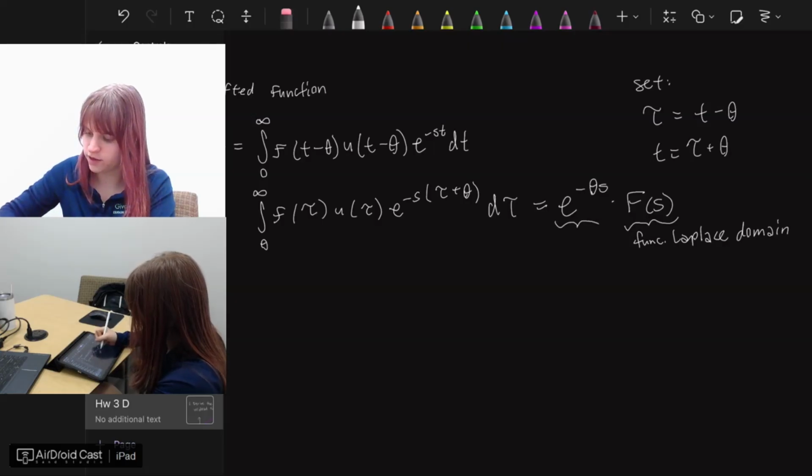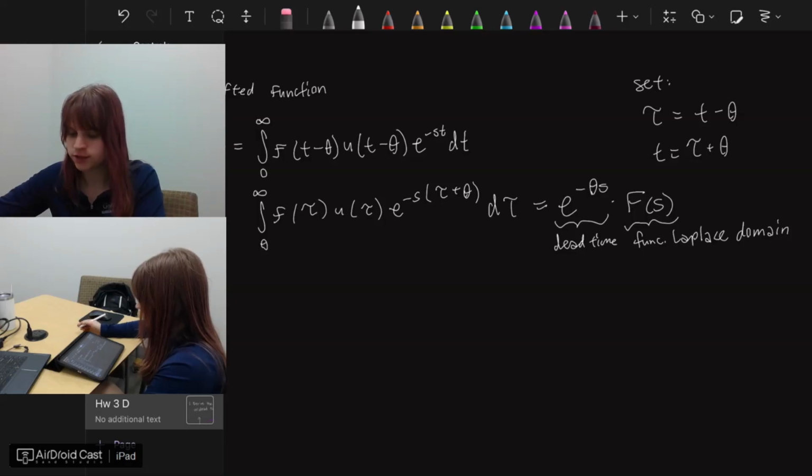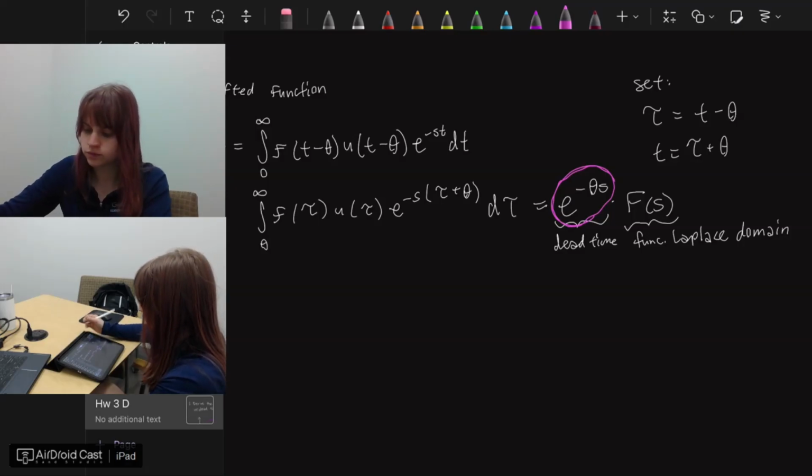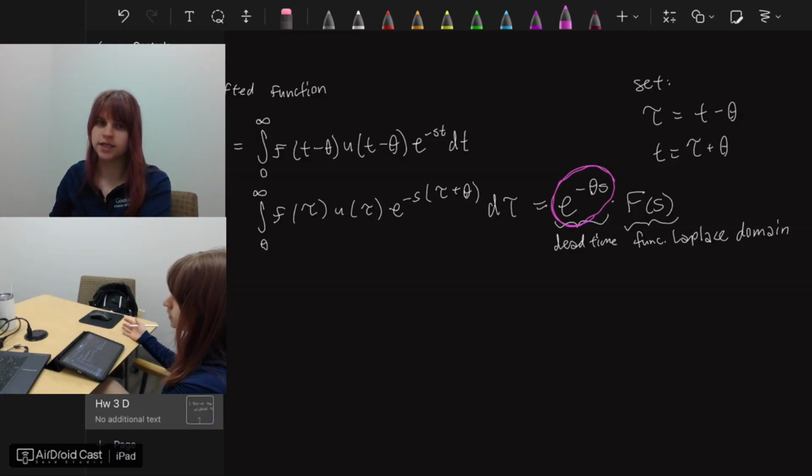And then this right here is our dead time. What dead time does is it multiplies the transfer function in the Laplace domain with this e to the negative theta s, and theta is our dead time.